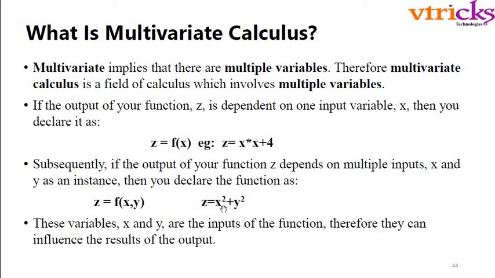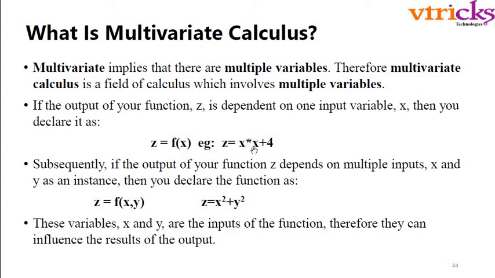So what do you mean by function? When you give every value for x and y, say x is 1, y is 1, z will be 2. x is 2, y is 1, z will be 5. So 2 square plus 1 square will get a 5. So for every value of x and y, corresponding to a pair of values, we will have a unique value of z. Whereas in case of function of single variable, I was just giving a value of x.